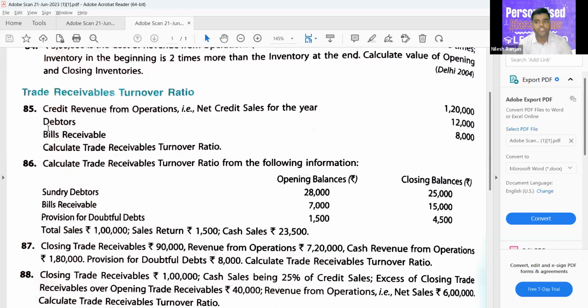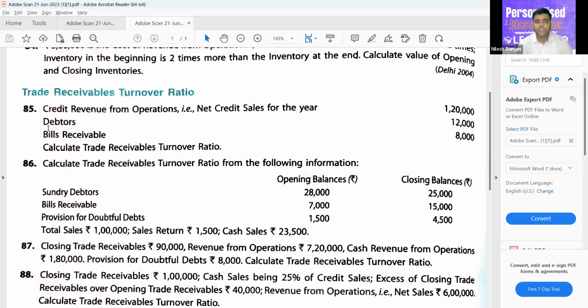That is 40,000, your closing trade receivable. After that, you will calculate average by adding these two. So 28,000 plus 7,000, 35,000 is opening trade receivable and 40,000 is closing trade receivable. So 35 plus 40 divided by 2.